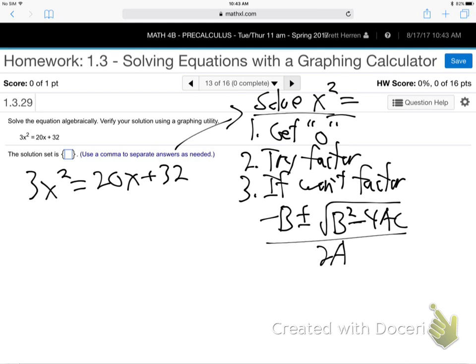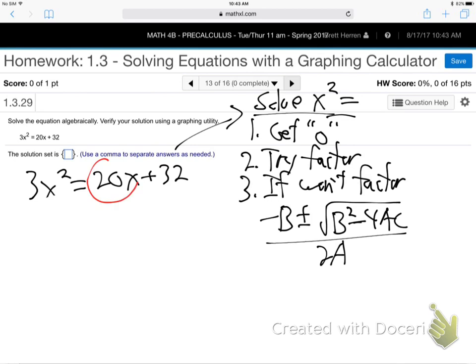Feel free, either way. So there's the game plan for how, if you remember from algebra, you solve x squared equations. You get a 0 first off, right? This is x squared, not just x to the first, right? So you got to get a 0, try to factor, and if it won't factor, you can always use the quadratic formula.